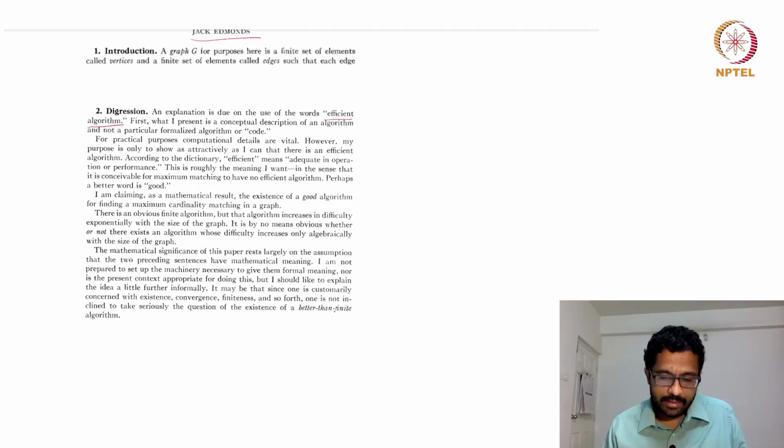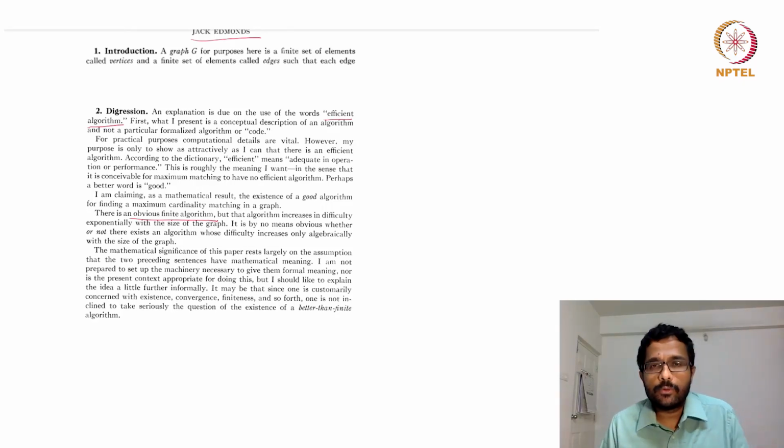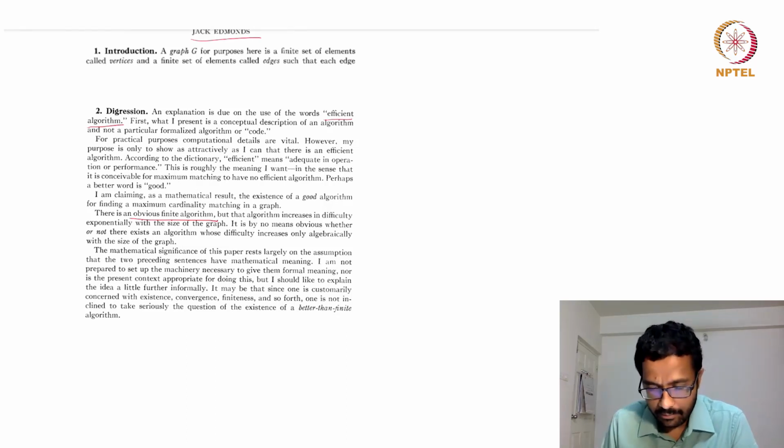So he says any problem has an obviously finite algorithm, right? By that he means a brute force approach. You want to do something, you can do a brute force thing, but that obviously finite algorithm increases in difficulty exponentially with the size of the graph. In his case, it's a graph, right?